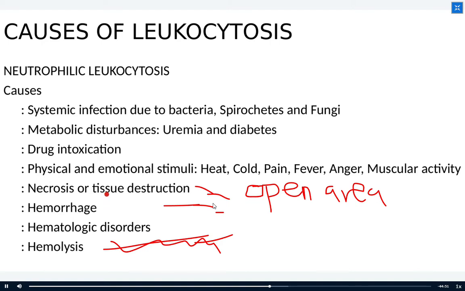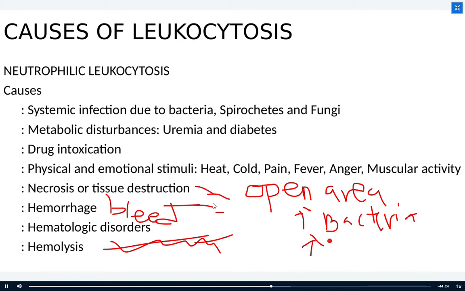Your hemorrhage class is also known as your bleeding, pagdudugo. Your necrosis or tissue destruction class, this would refer to your tissue death. So, let's say naaagnas na yung wound mo, hindi na gumagaling, you would have an open area in your body. Now, with an open area, there will be increased arrival of your bacteria. And with an increased arrival of bacteria, WBCs will also increase.